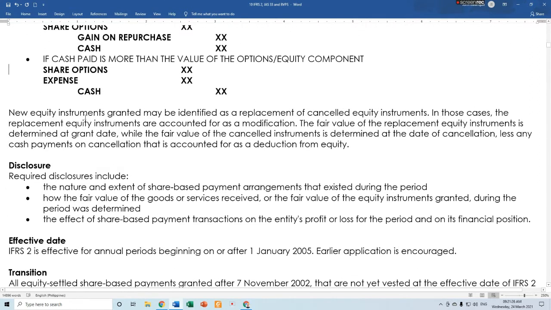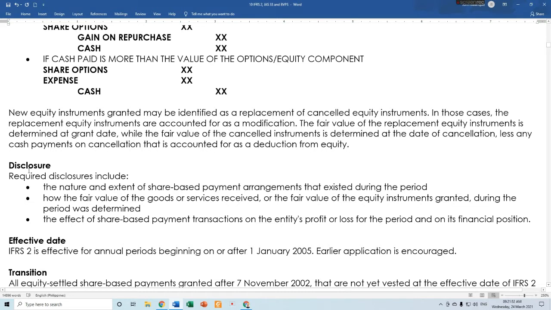Okay. New equity instruments granted may be identified as a replacement of cancelled equity instruments. In those cases, the replacement equity instruments are accounted for as a modification. The fair value of the replaced equity instrument is determined at grant date, while the fair value of the cancelled instrument is determined on the date of cancellation, less any cash payments on cancellation that is accounted for as a deduction from equity.